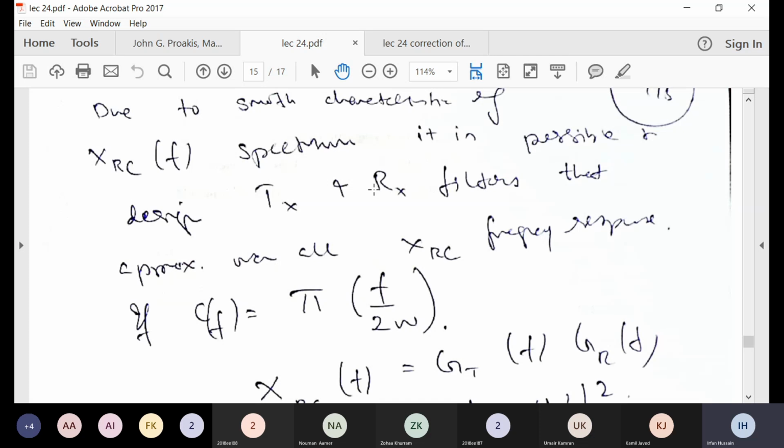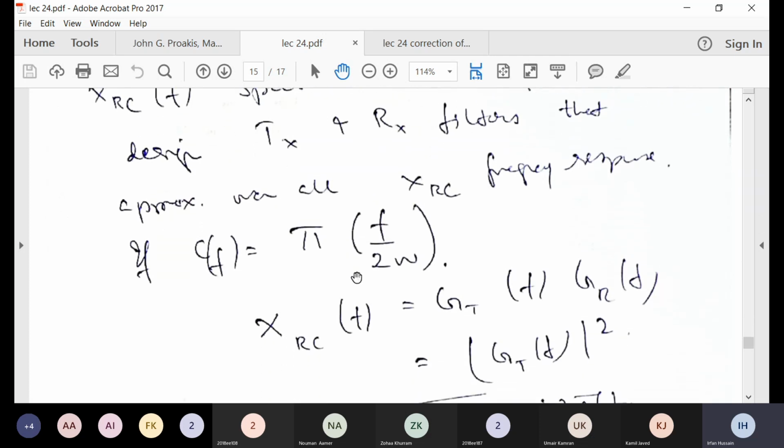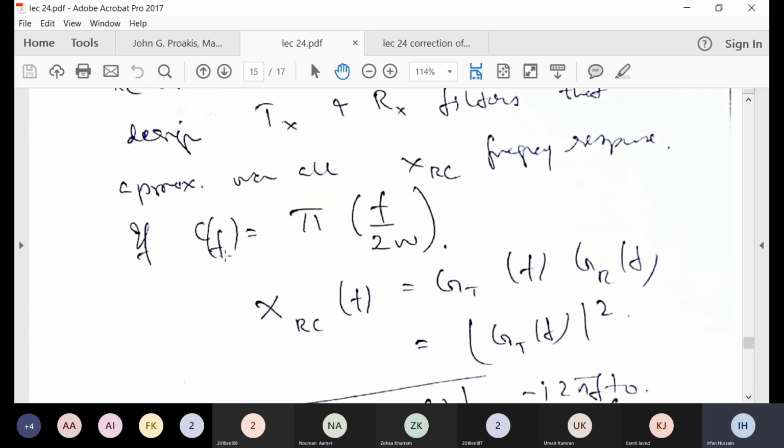So what you will require is that our transmit and receive filters have an overall response that is a raised cosine filter. Our C of f, the channel response, let us say is band limited to W, so its width is 2W, and it is 1. Your raised cosine response X_rc of f will be G_T of f times C of f, which is 1, times G_R of f, and this is conjugate symmetric, or matched to G_T of f, so this becomes G_T of f mod square.